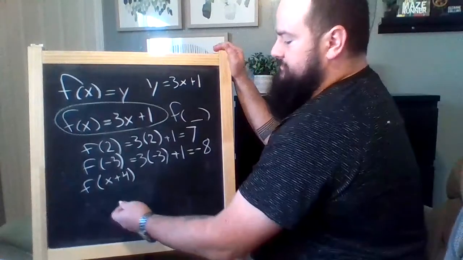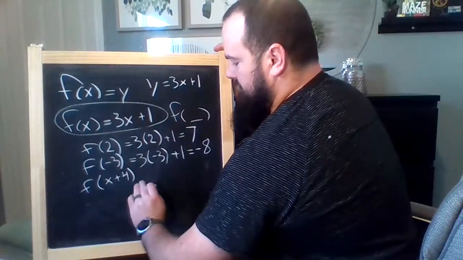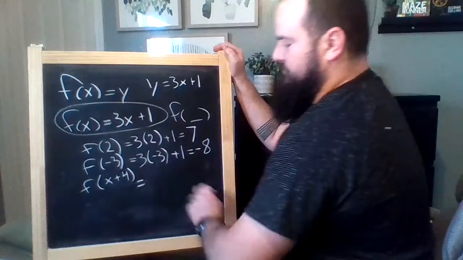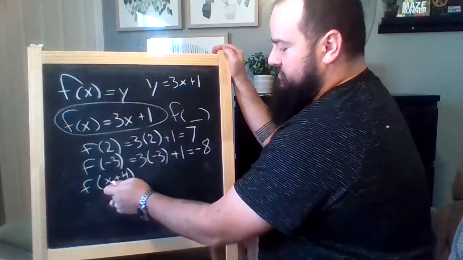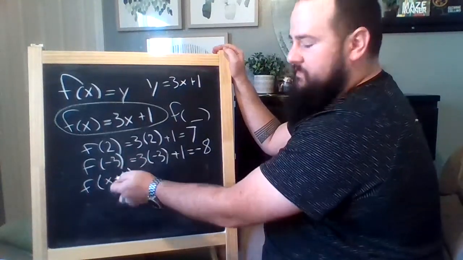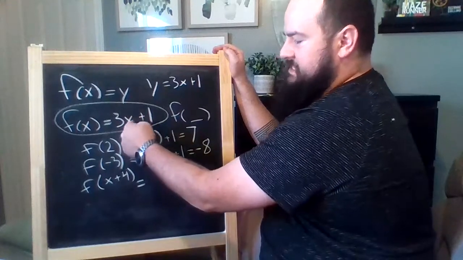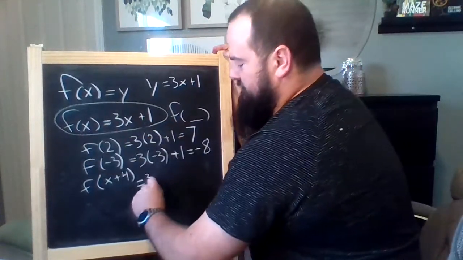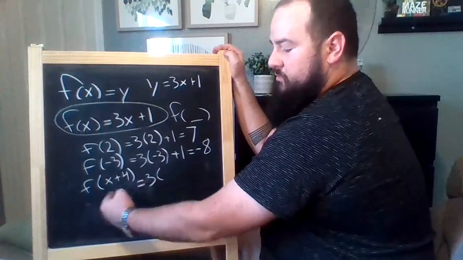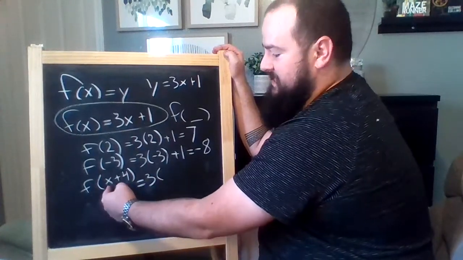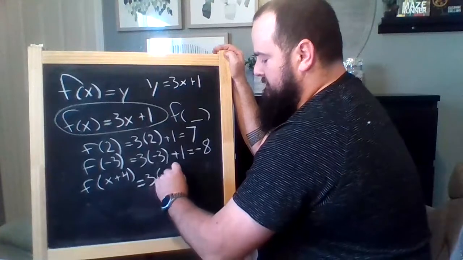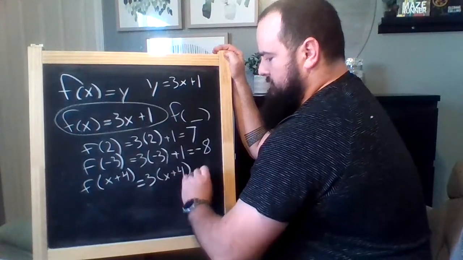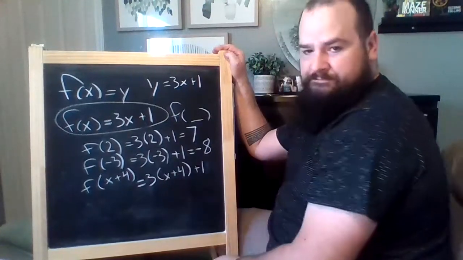So here, let me jump down a little bit, give myself some room. I'm still just going to do exactly what I did here. I'm going to replace this x with whatever is inside these parentheses. So I'm going to get 3 times whatever is inside the parentheses, in this case x plus 4, and then plus 1.